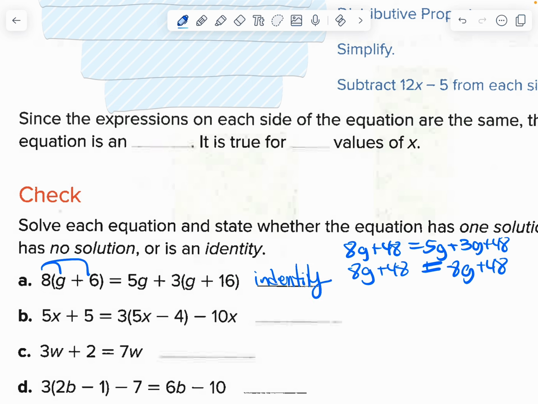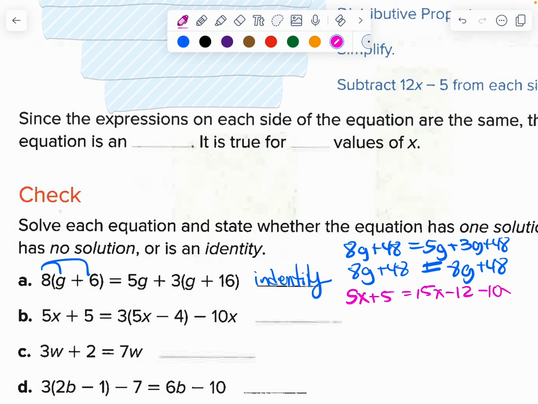This next one, I'm going to use a different color. So this one's going to be 5x plus 5 equals 15x minus 12 minus 10x. So 5x plus 5 equals 5x minus 12. If I subtract the 5x from both sides, I'm going to get 5 does not equal negative 12. So this is no solution.